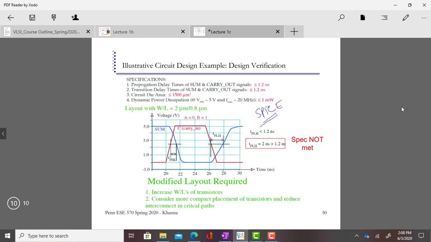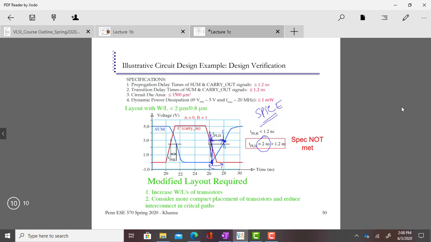You apply the inputs, and you may note that for the C out signal you have this TPLH, which is the pulse low to high time. This is low and this is high. It's almost like 2 nanoseconds.